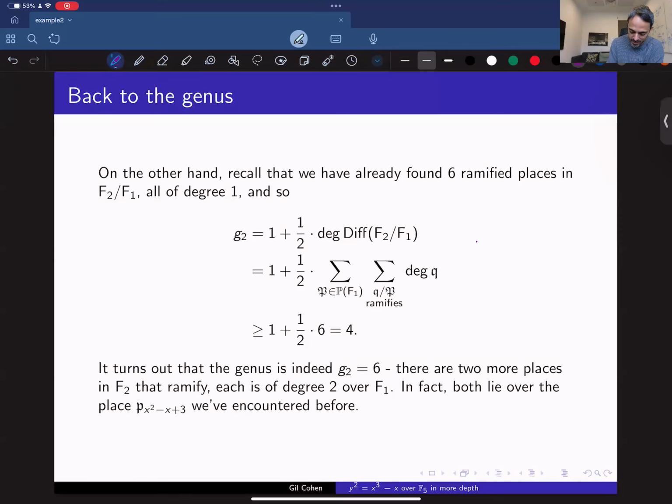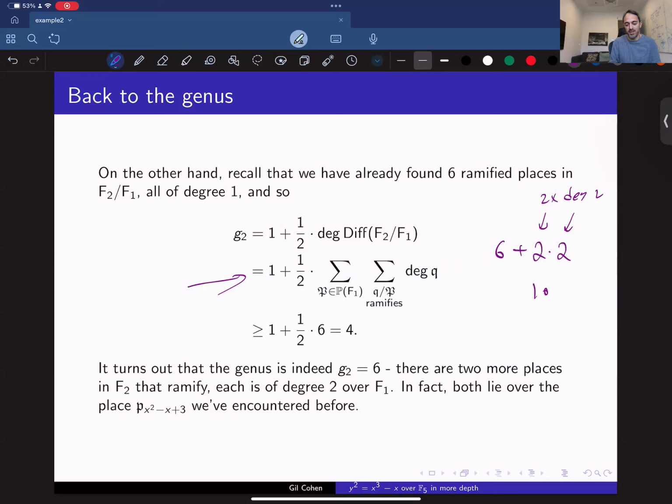So you have this 1 plus half times the degree. It's written here. So you have this expression sitting here, and we had 6 ramified places plus 2 ramified places of degree 2. This is 2 times degree 2. So this gives you a 10. So the degree of the different is at least 10.